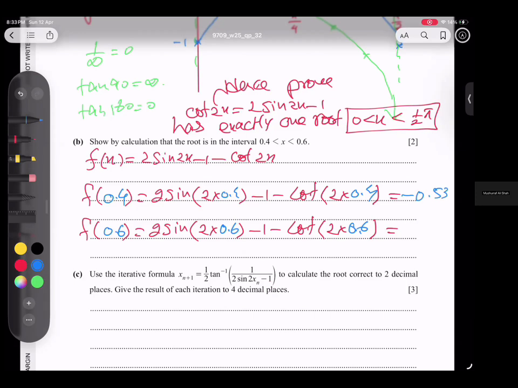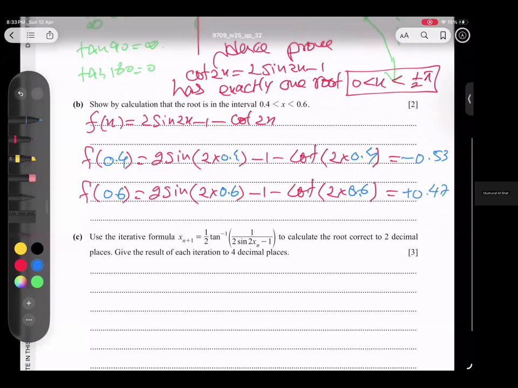Now if I replace every 0.4 by 0.6, I'm getting this positive answer 0.457. Students, when one answer is positive and one is negative, you must write a reason. So the root lies between 0.4 and 0.6.